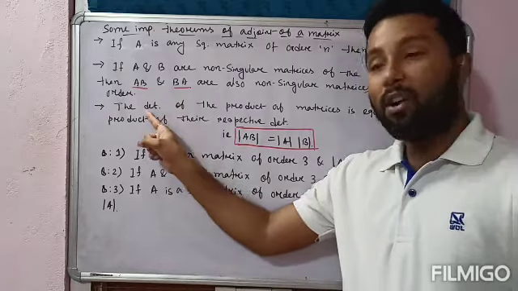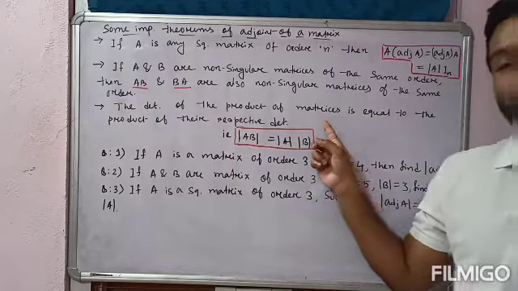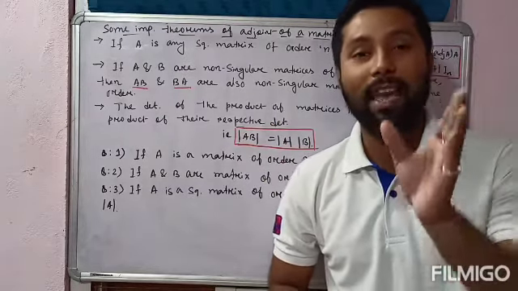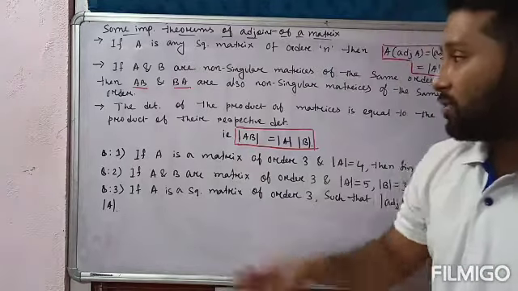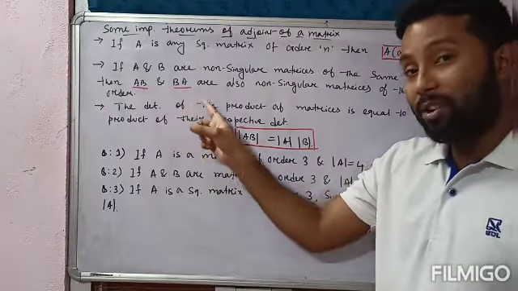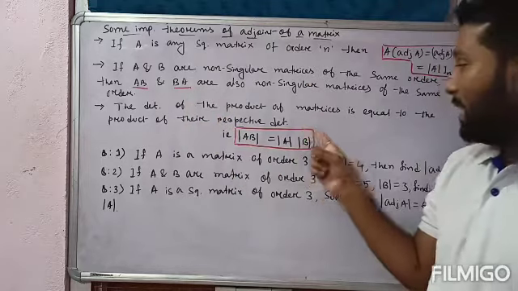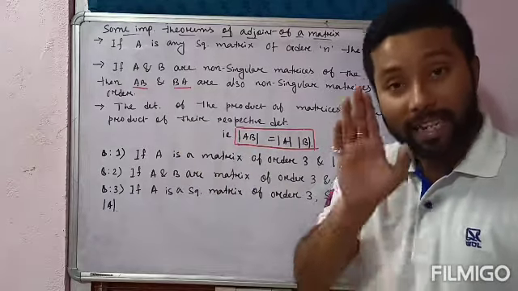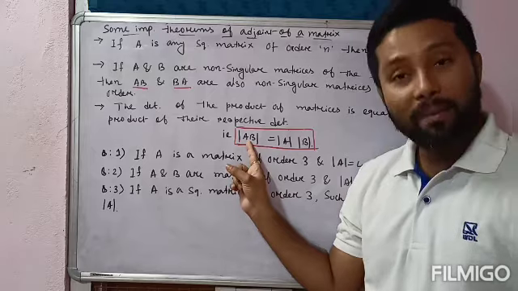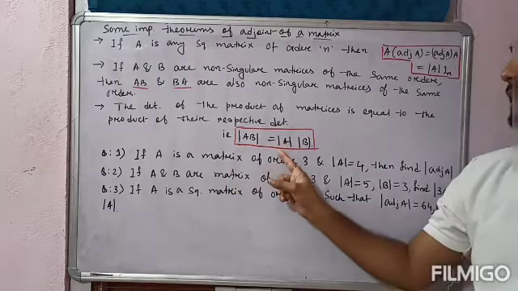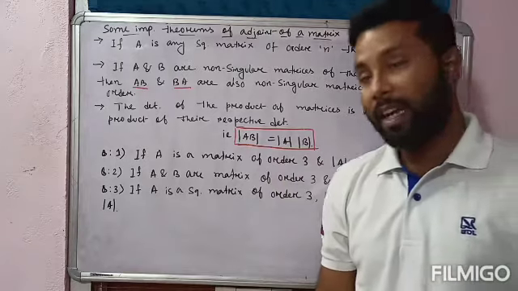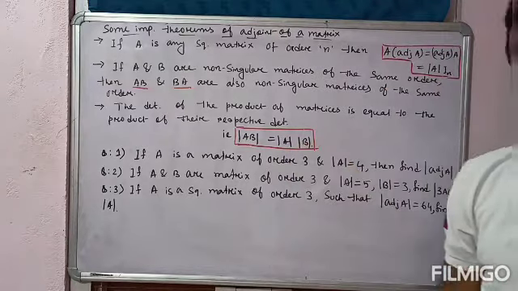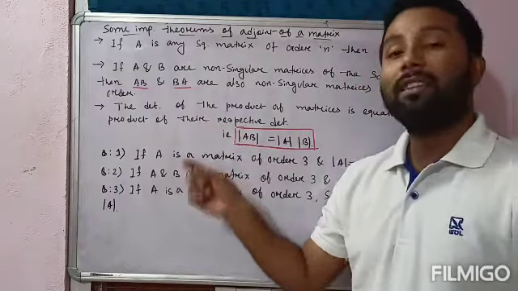Matrices means more than one matrix are there, so let us consider there are two matrices, A and B. So the determinant of the product of the matrices is equal to the product of their respective determinants. That is, determinant of AB is equal to determinant A into determinant B. This is the mathematical form of the third theorem.